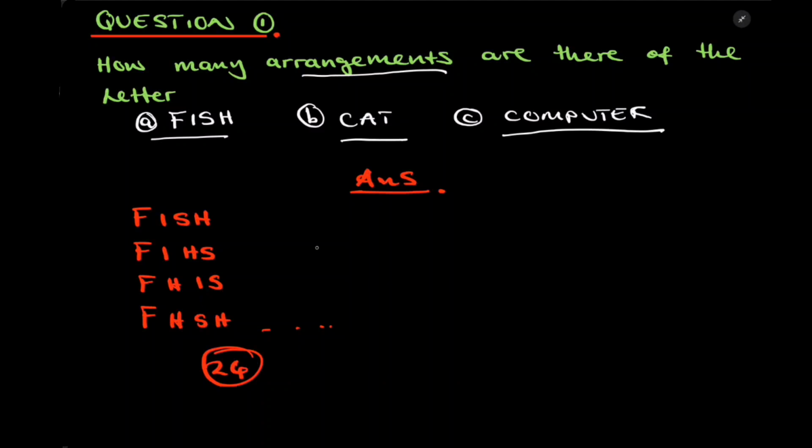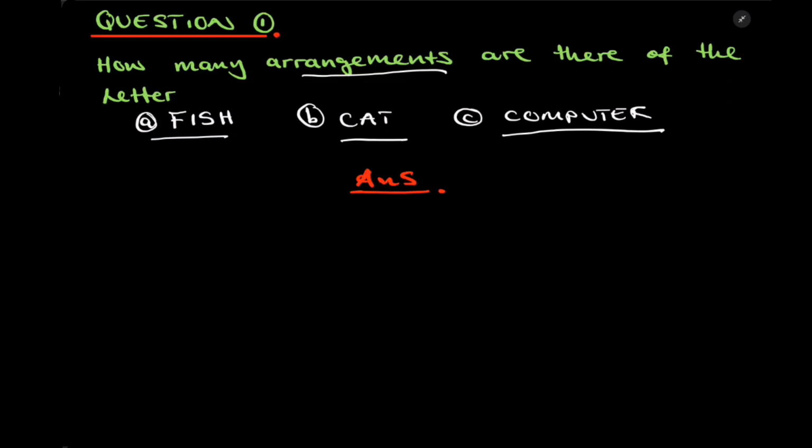But when you see just 4 factorial, we can see how much work we need in order for us to list all the possible arrangements. So there is an easy way of finding the possible arrangements for a given number of letters. So for this one, just say 4 factorial. So rather than stating a list, then counting the number of possible arrangements, we can just count the number of letters given.